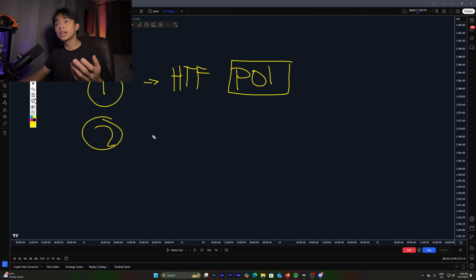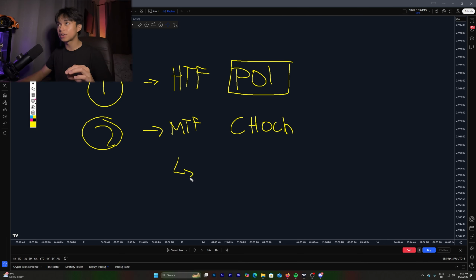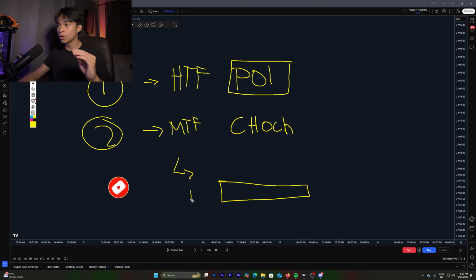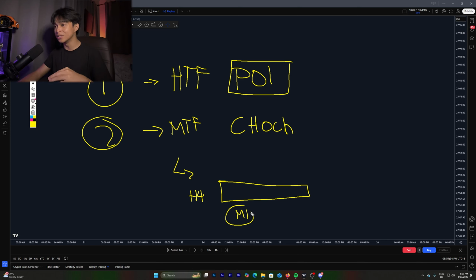So the second one is gonna be a multi-time frame change of character, right? What people would call it as chalk. Okay, so a multi-time frame change of character is when you have a higher time frame POI, you gotta be looking for a reasonable time frame to go to. Now most people, if you have an H4 zone, they would wait for the M1 for a confirmation. That's brutal. Don't do that.